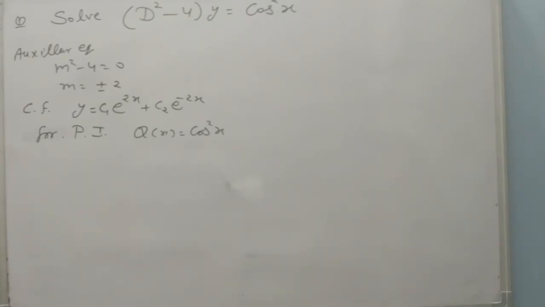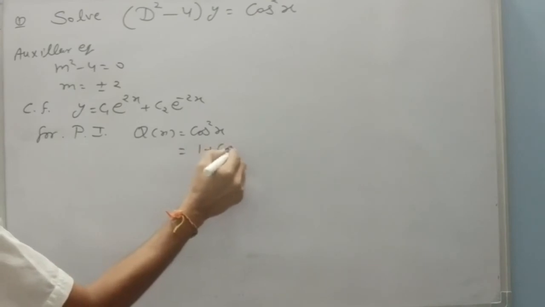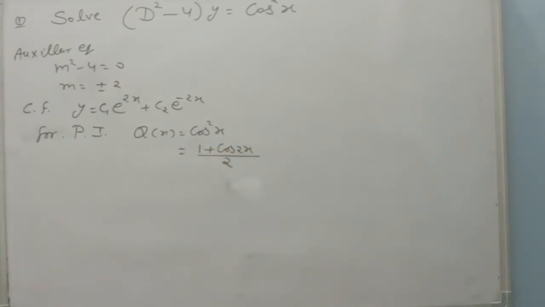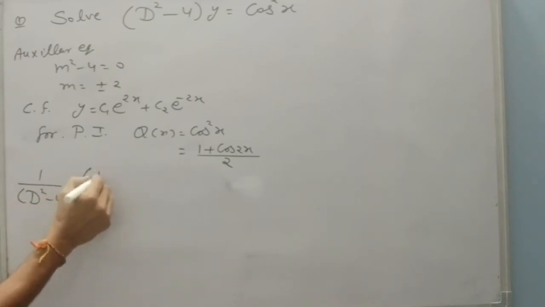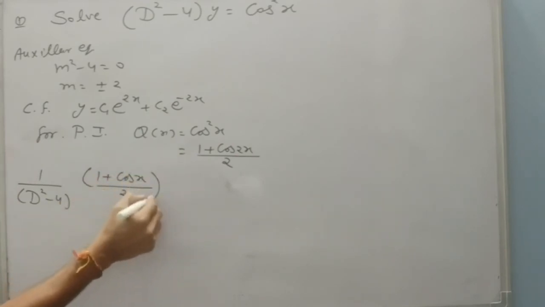So I will have to change it by taking it as 1 plus cos 2x by 2. You know cos square x is equal to 1 plus cos 2x by 2. So the PI will be 1 upon D square minus 4, of 1 plus cos 2x by 2.